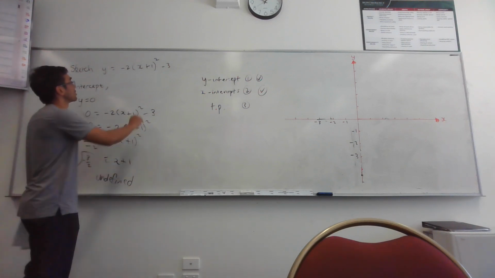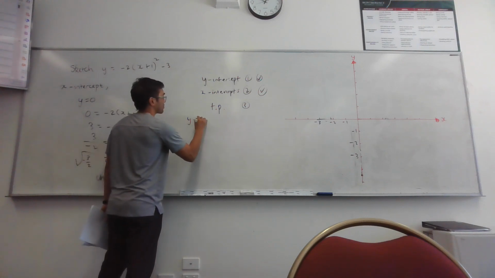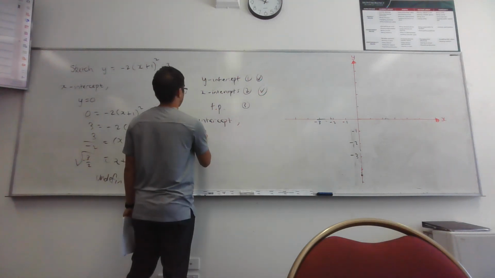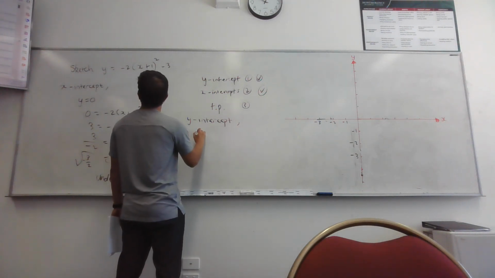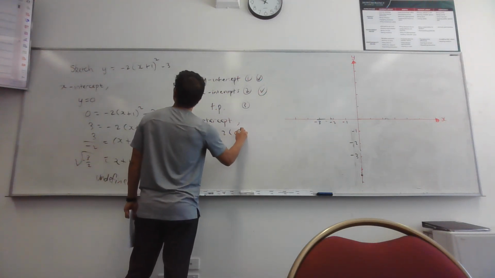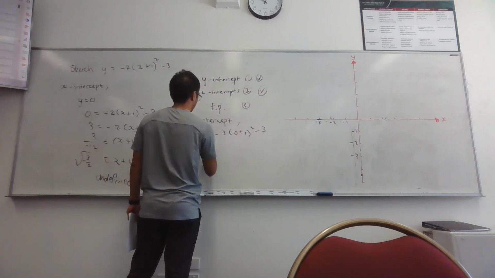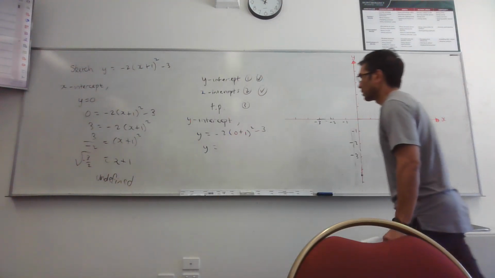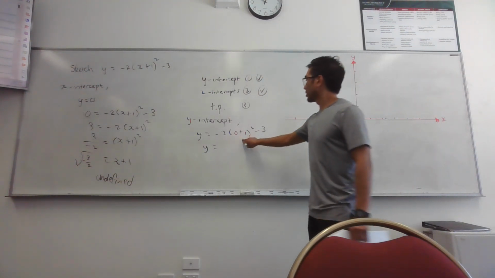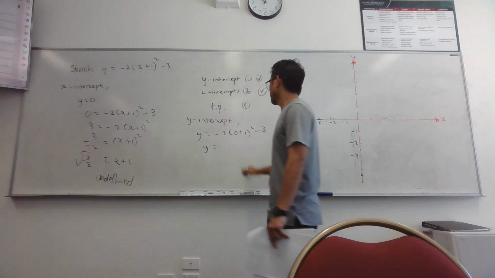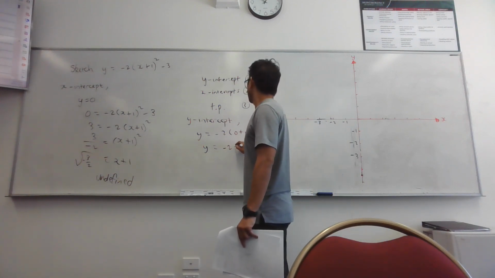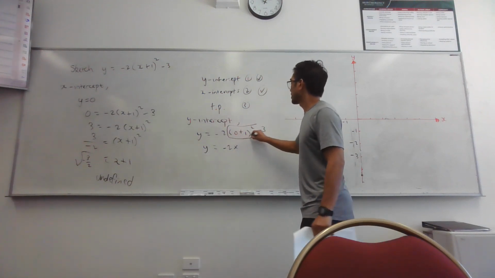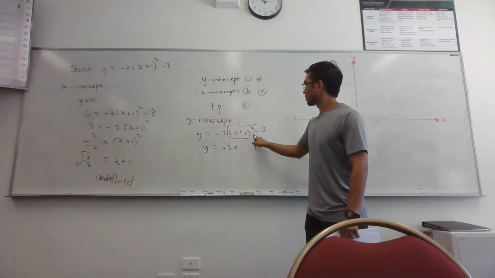Let's do our y-intercept first. The intercept at the y has to be below, has to be a negative, and it's going to be down as well. Hudson, can you help me with this? 0 plus 1 squared. 1. 1 squared is 1.